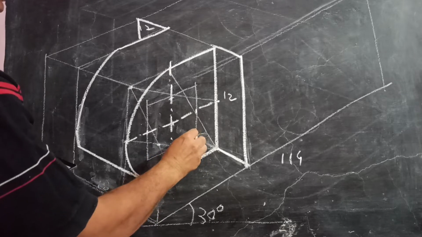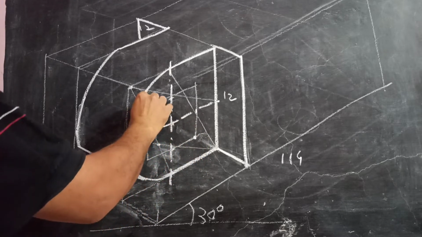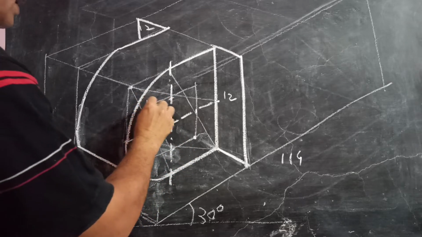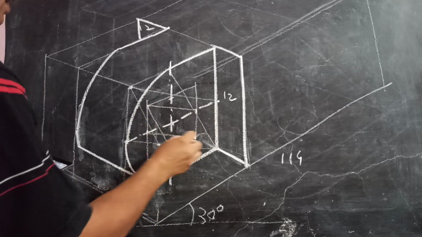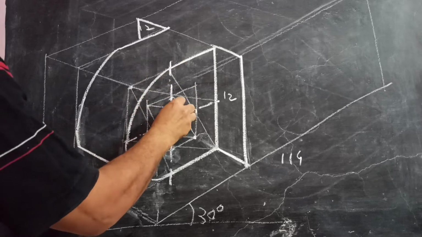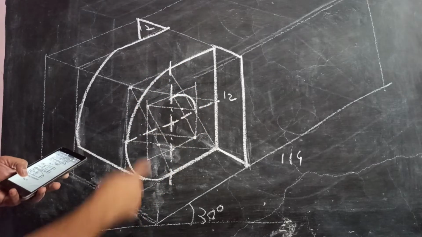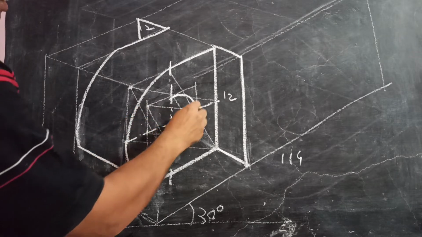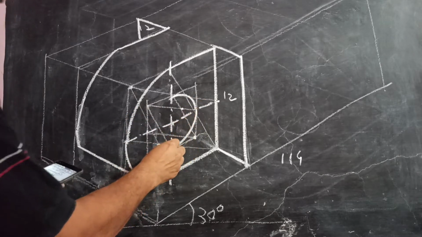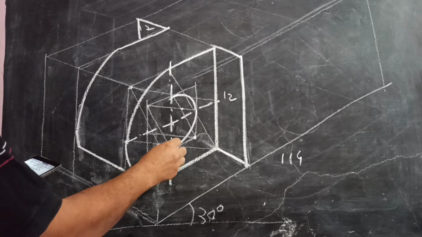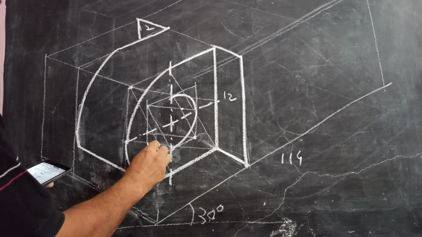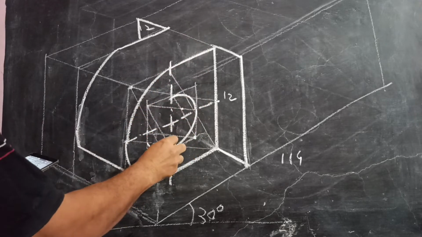Then this is 120 degrees angle. You can join the centers of opposite line or midpoints of opposite line and take this as center, this much as radius, draw this. Take this as center, this much as radius, you can draw up to this. Then take this as center, this much as radius, you can draw this.